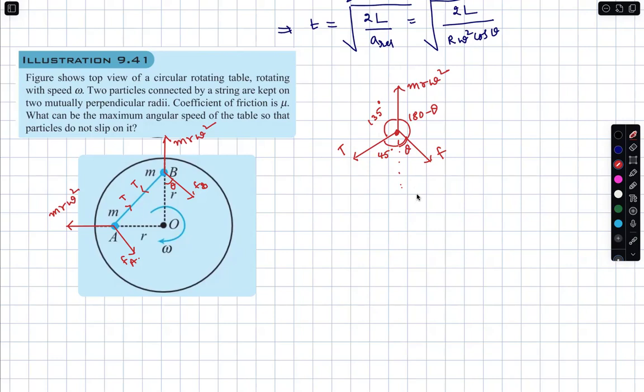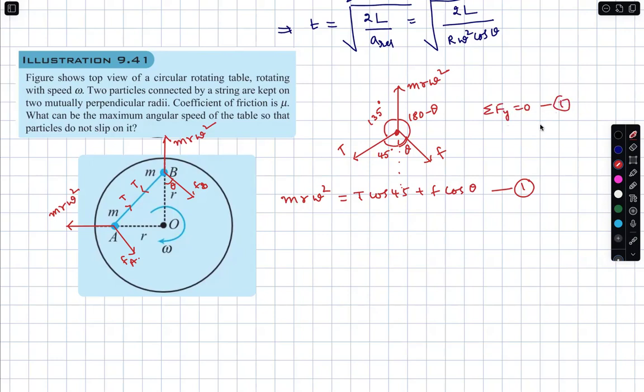equilibrium is agreed, right? Do you allow me to write m r omega square is nothing but T cos 45 plus f cos theta? Yes or no? Everyone in the class. Sure. How? I am taking sigma F_y equal to 0.